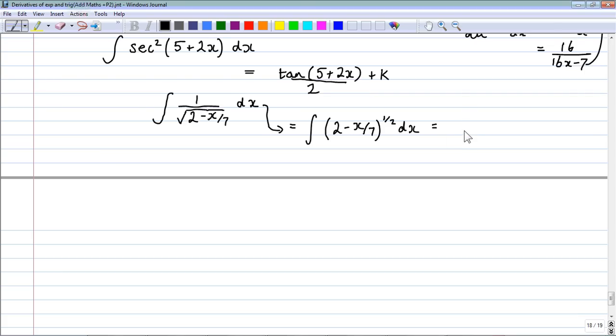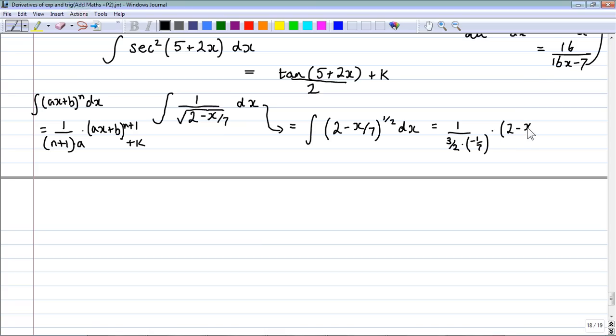Now remember the general formula. Let me write the general formula here. Integral ax plus b to the n equals 1 over n plus 1 times ax plus b to the n plus 1 plus a constant. So applying that rule, I get 1 over 3 over 2 times minus 1 over 7 times 2 minus x over 7 to the power 3 over 2 plus a constant.